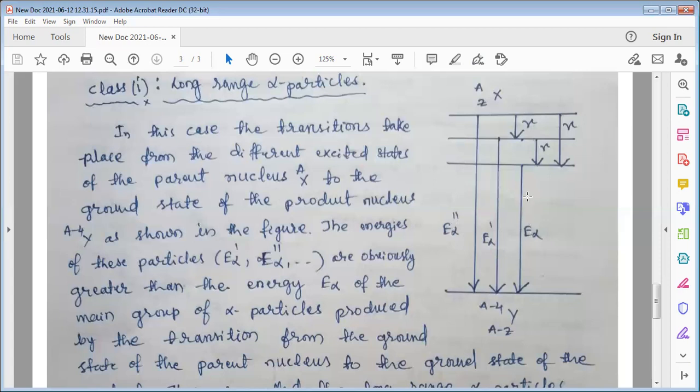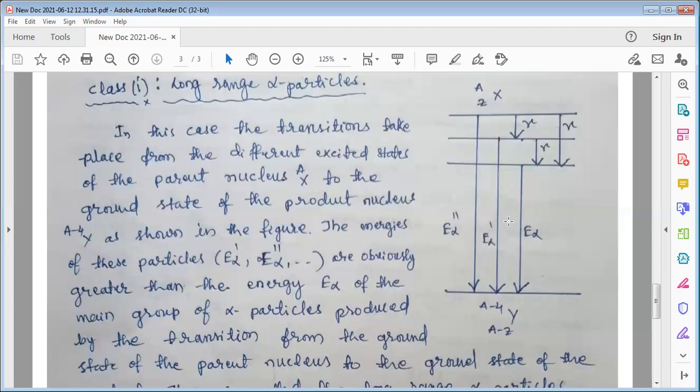Next, look at the third transition, which is taking place from this ground state. This is the ground state of the parent nucleus. So from the ground state of the parent nucleus, there is a transition to the ground state of the product nucleus. The energy difference between this state and this state is less as compared to these, so obviously the energy of these alpha particles will be less as compared to these two.